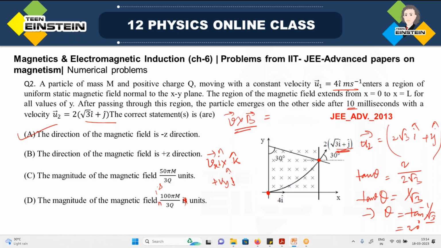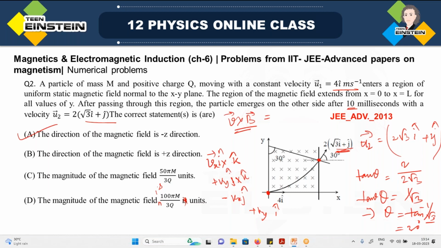So this is v x, i cross k, and i cross k is minus j, so vx minus j. And this is again k cap, so vy, j cross k means i, so this is vy i.